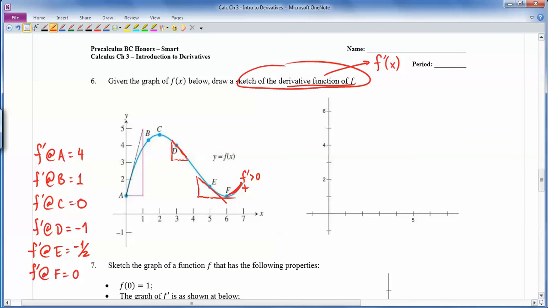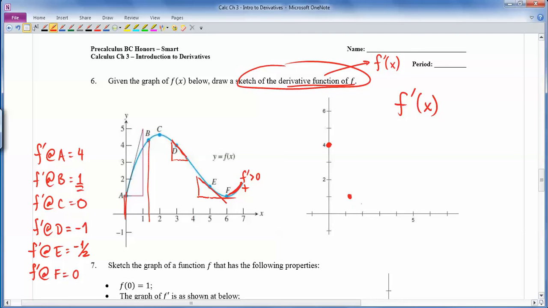So this graph over here will be of f prime. When we're at A, which is x equals 0, we've got a slope of 4, so I'm going to draw f prime as 4 here. B is a little bit between 1 and 2, and I want my f prime value to be 1, right there.